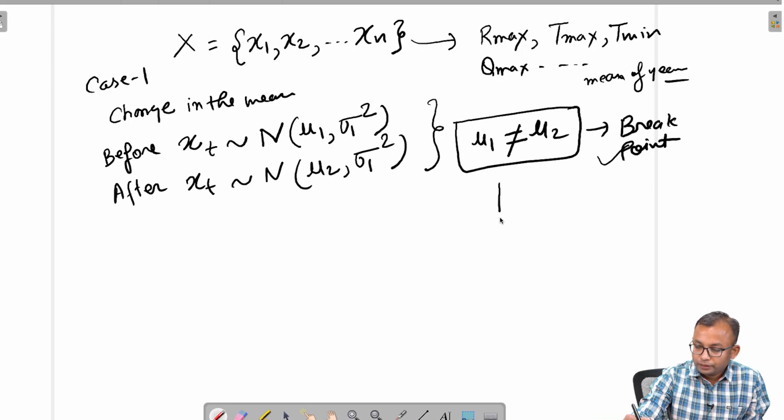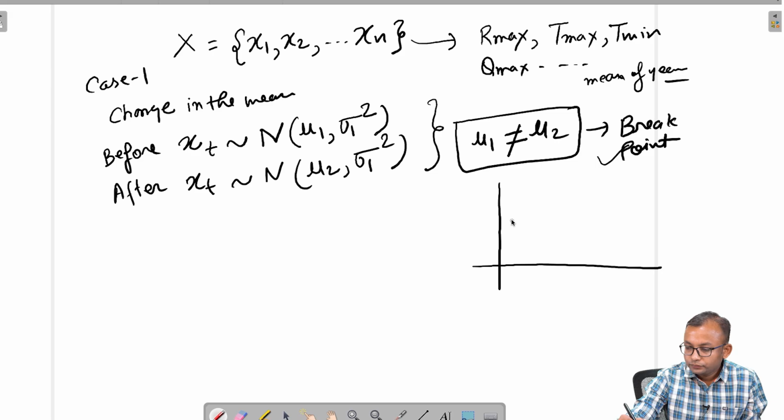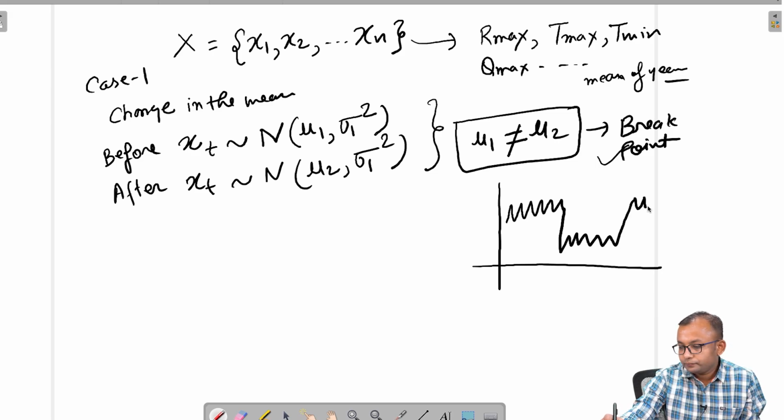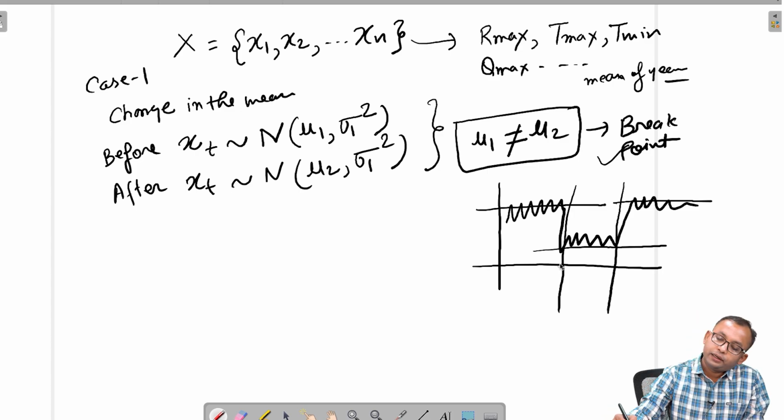So, for example, it might look like this: here is one mean, there is another mean, there is another mean. There is one breakpoint here, one breakpoint here, and that represents your multiple breakpoint situation.